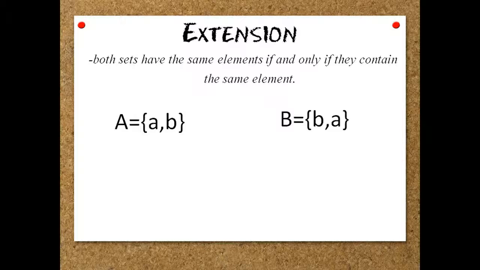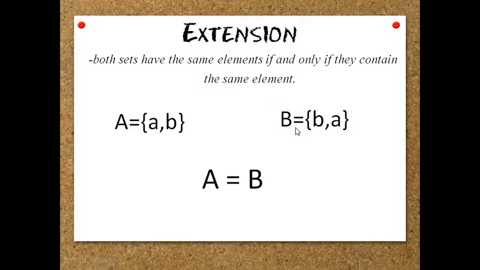In set A, the A comes first and then the B, and in set B, the B comes first and then the A. But still, we could state that A is equal to B regardless of the positioning of the elements, because A has elements A and B, B has elements B and A, and therefore A is equal to B.